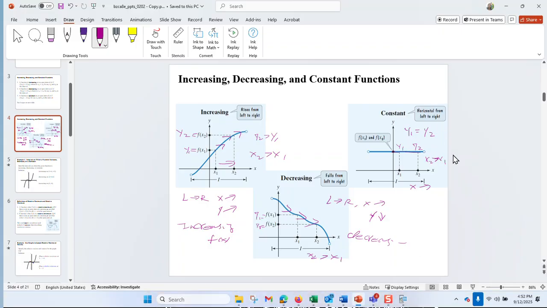When x is increasing, y did not change, so that's a constant. The slope will be 0 because y2 minus y1 is 0, but x2 minus x1 is not 0, so you have 0 divided by a non-zero, and that's okay. That's why for this horizontal piece, your slope will be 0.